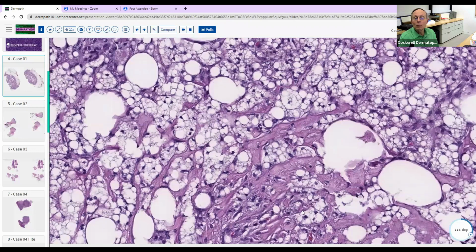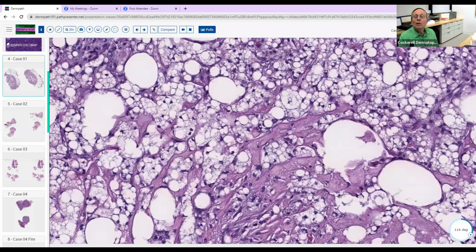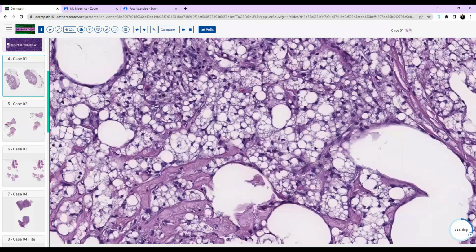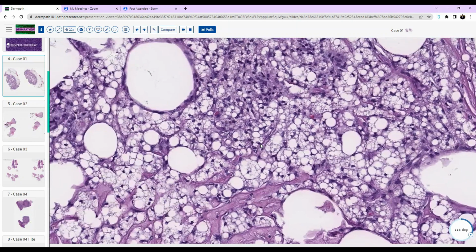And I guess you probably thought these were fat cells. But is there anything else that could give you something like this? Yeah, so maybe this is more of a granulomatous reaction to a foreign body, or you can also think of infection, like lots of things with granulomatous inflammation. Okay.